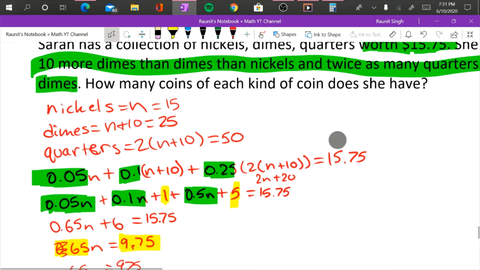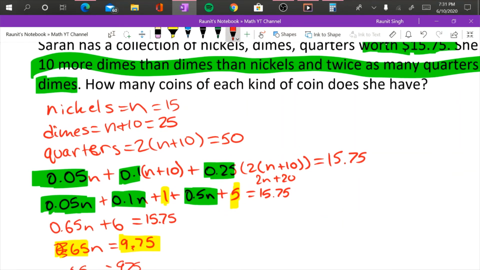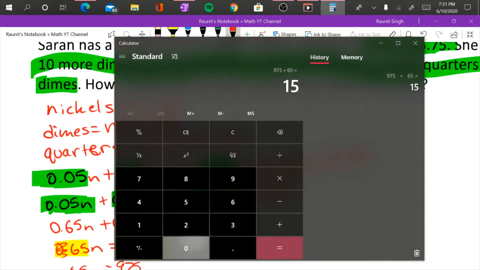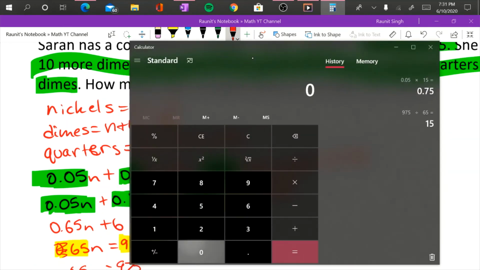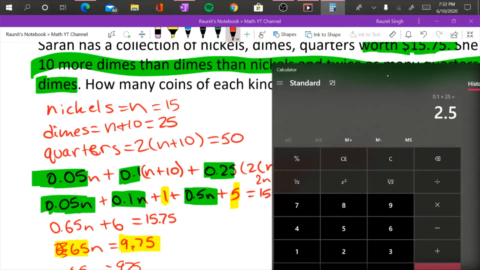Let's start off with nickels: 0.05 times 15 is 0.75. I'm not going to do anything with that for now. Then we have 0.1 times 25, which is 2.5.